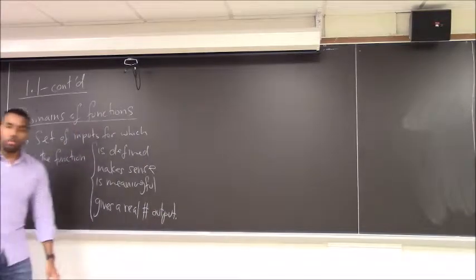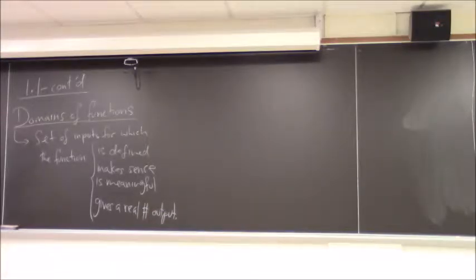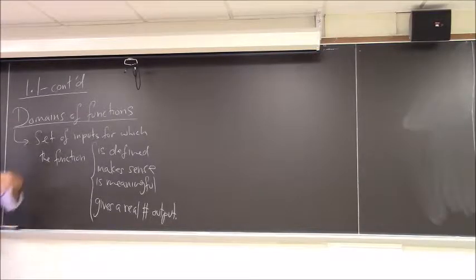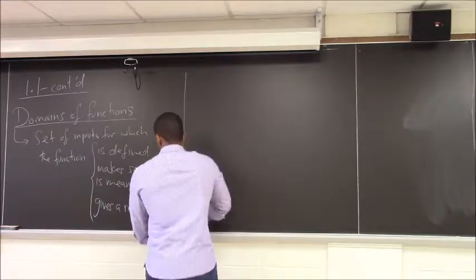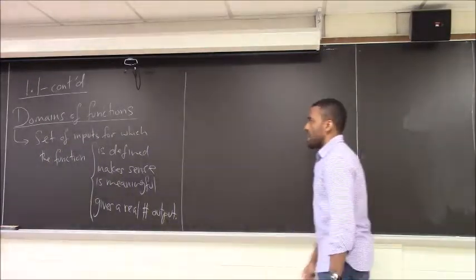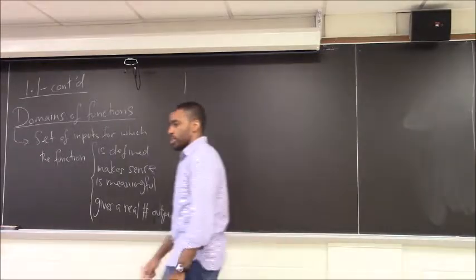There are things called complex numbers, but we won't actually do that in this class. So any value that you can plug into a function and it gives you an answer that makes sense by our estimation, we say that it's in the domain of the function. So it's just a set of inputs that work, basically.